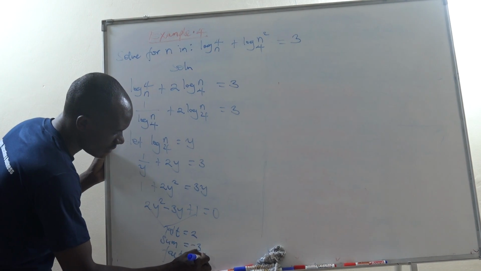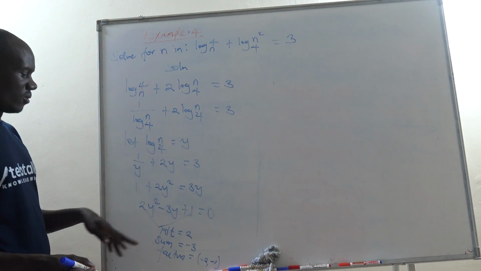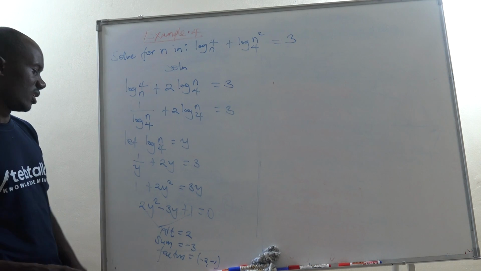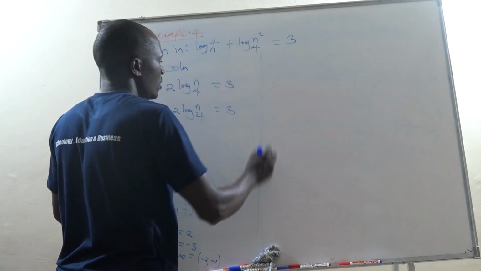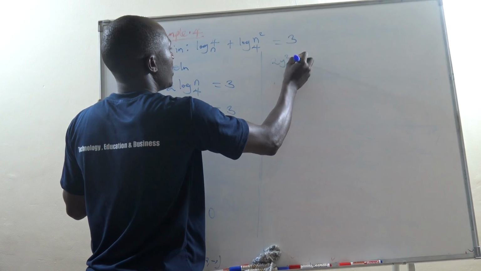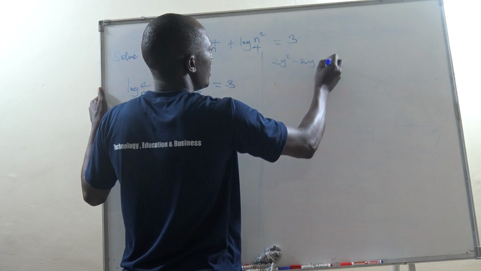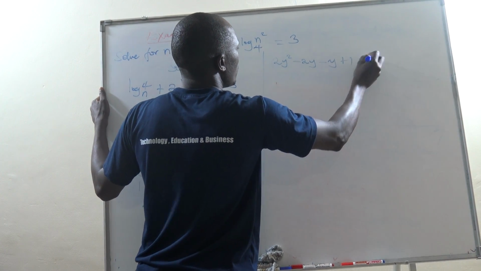So you can say we are going to have negative 2, negative 1. So instead of this, bring in these factors. What happens? We are getting 2y squared minus 2y minus y plus 1 equals 0.